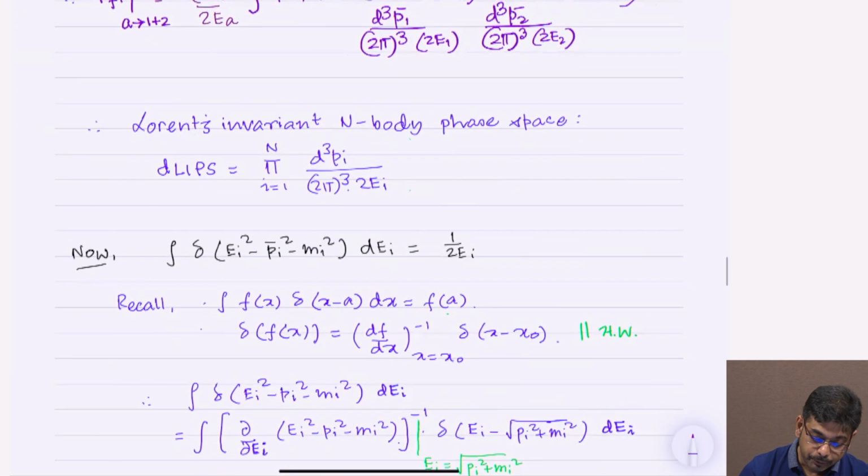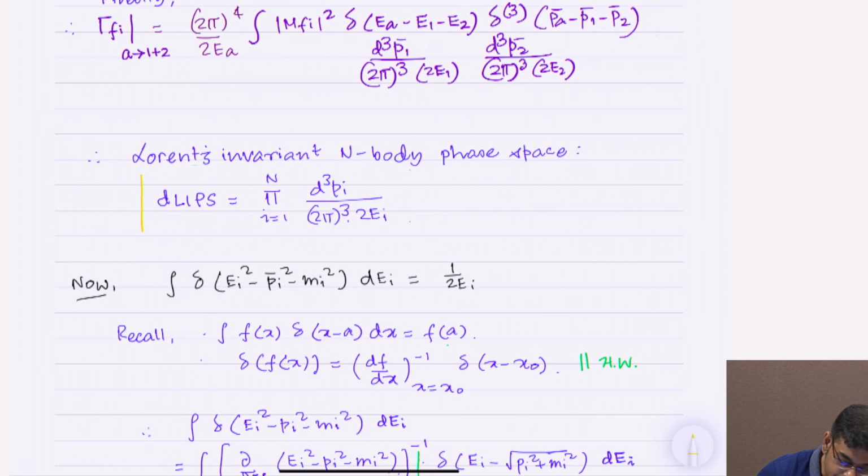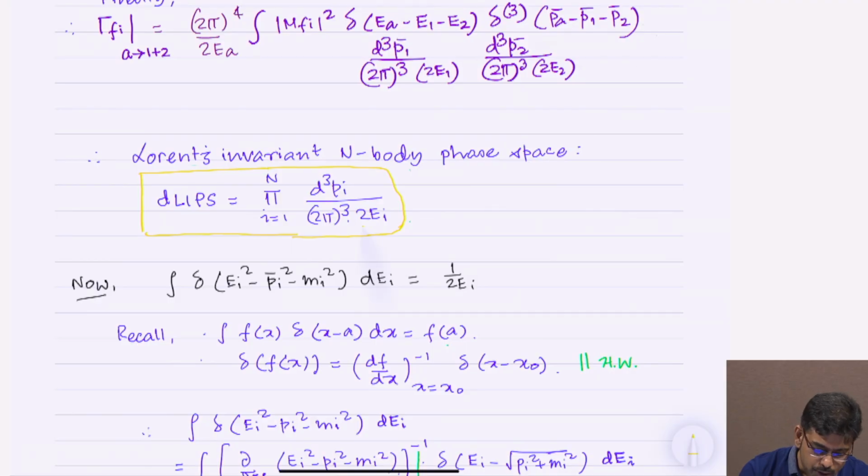So, therefore, what we are trying to say is that the Lorentz invariant phase space factor is essentially, sometimes people write it as d LIPS. This is actually the product over i equal to 1 to n of d cube Pi by 2 pi whole cube into 2 Ei. There is one question which still remains unanswered till now. Why this factor of 2 Ei? This factor of 2 was not very clear from the way that we actually devised this.